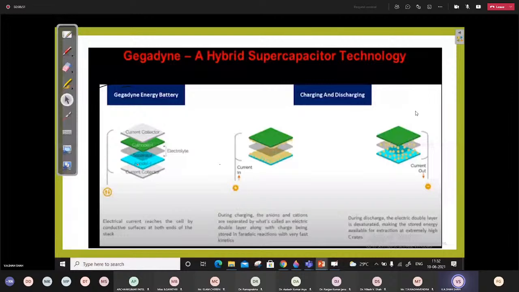Let's say I want to design a complete EV, then I have two basic compartments. One is the source and the second is the drive unit. The source is nothing but battery, supercapacitor, flywheel, fuel cell, etc. And the drive unit will have the motor plus inverter.